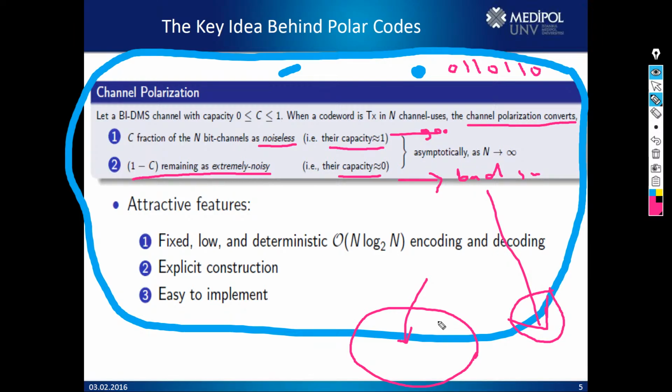First, it has fixed, low, and deterministic encoding and decoding complexity. Fixed, it's not random, it's not dependent on the channel behavior like the previous codes. And it's low complexity and deterministic. You know exactly how many flip-flops you are going to use, how many XORs you are going to use. So it's such an attractive encoding structure.